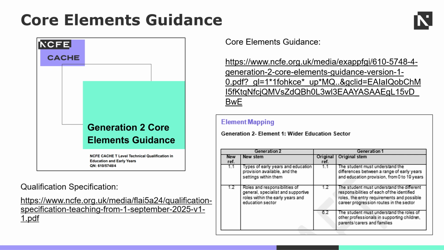The Generation 2 specification should always be used alongside this guidance to obtain further information regarding the subject content and to inform delivery of this qualification from September 2025. The links to both the guidance document and the specification can be found on this slide.